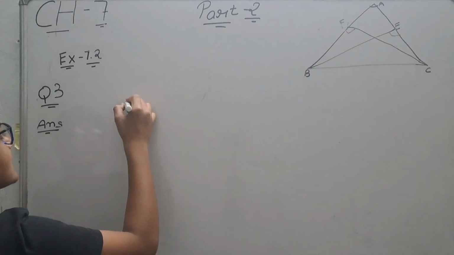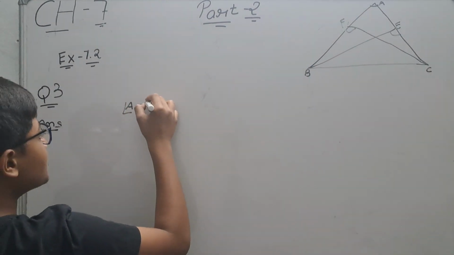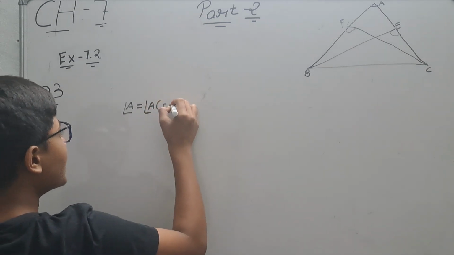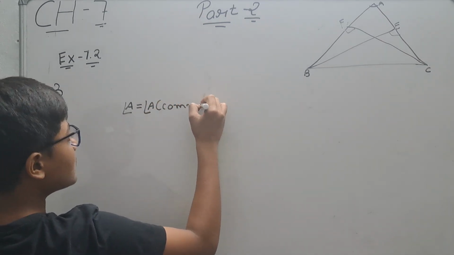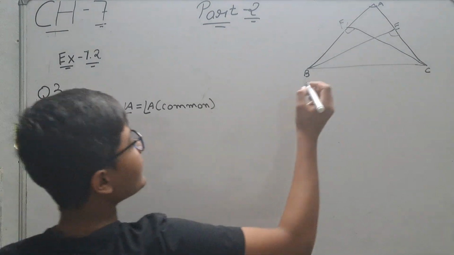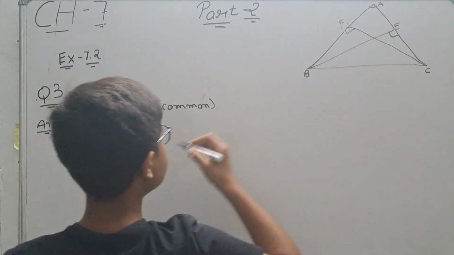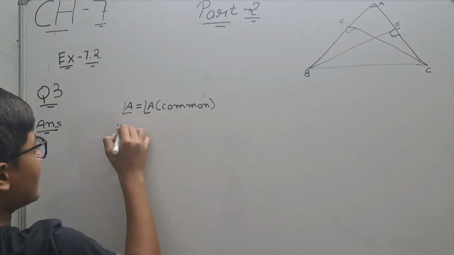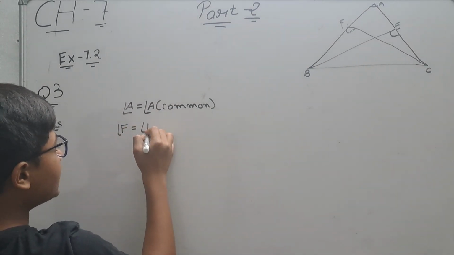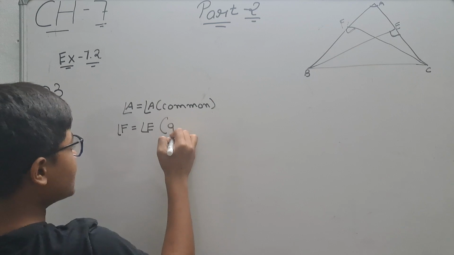So you can write angle A is equal to angle A, common. Now they have given that F is equal to E, so angle F is equal to angle E, that is given.